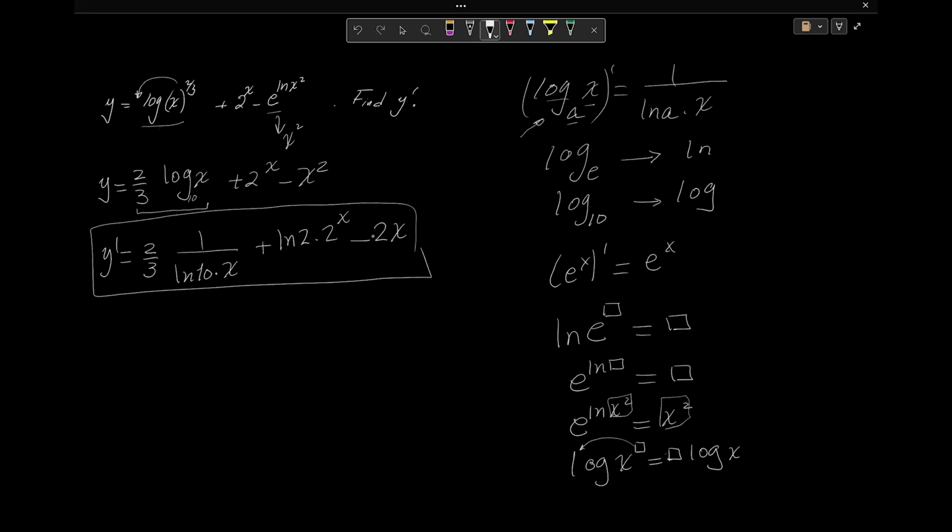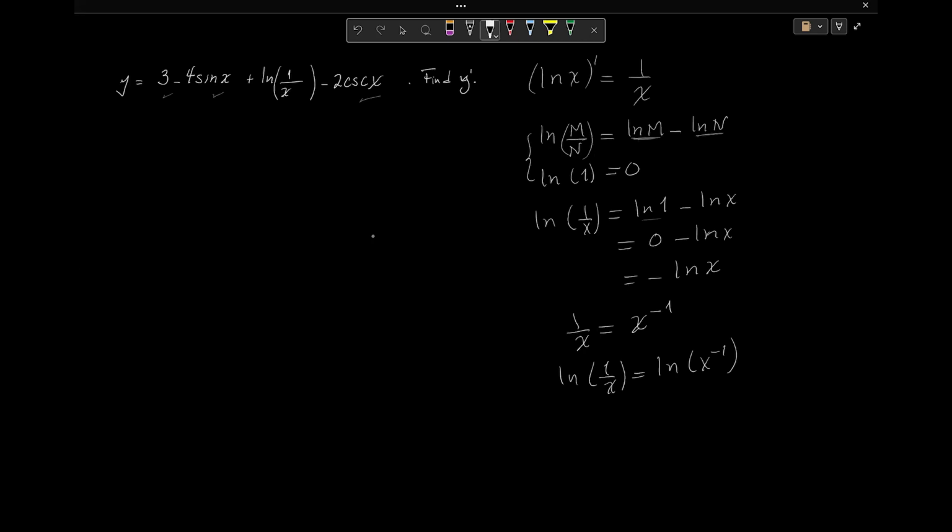The log of x to a power, we bring the power in the front. Basically, we take the power from the x and put it in the front. Same thing here, we can bring this negative 1 in the front. So that's negative ln of x. Obviously, these two have to equal each other, and there they are.